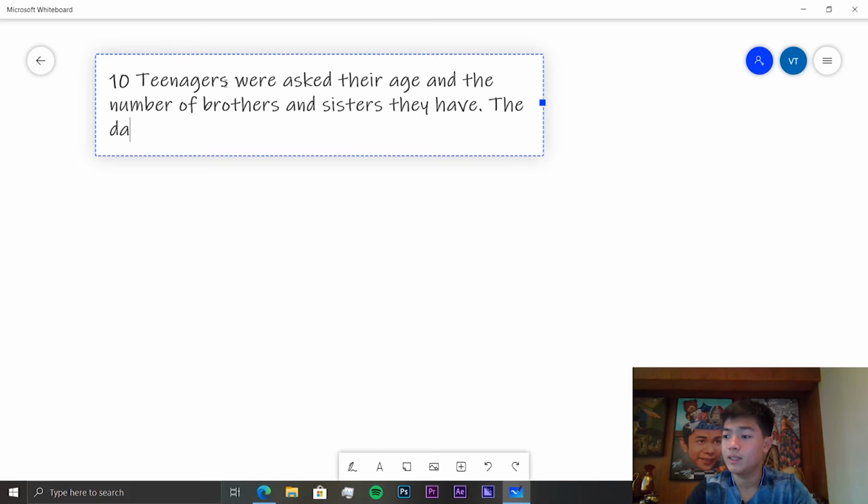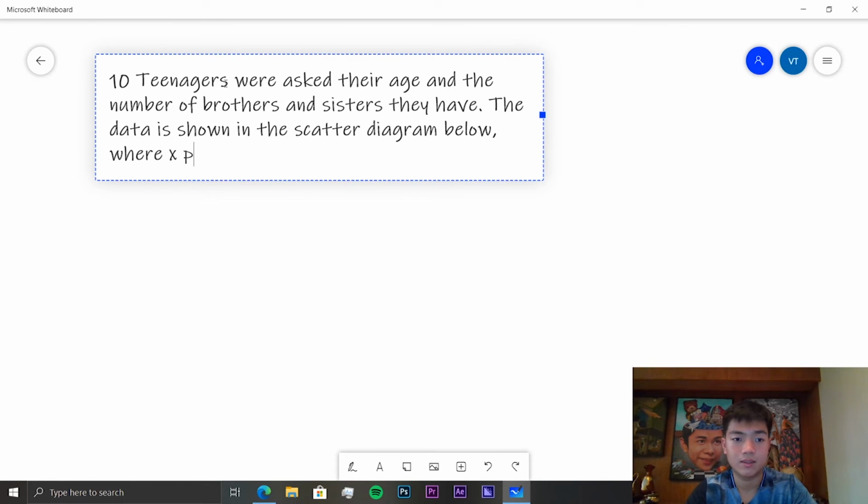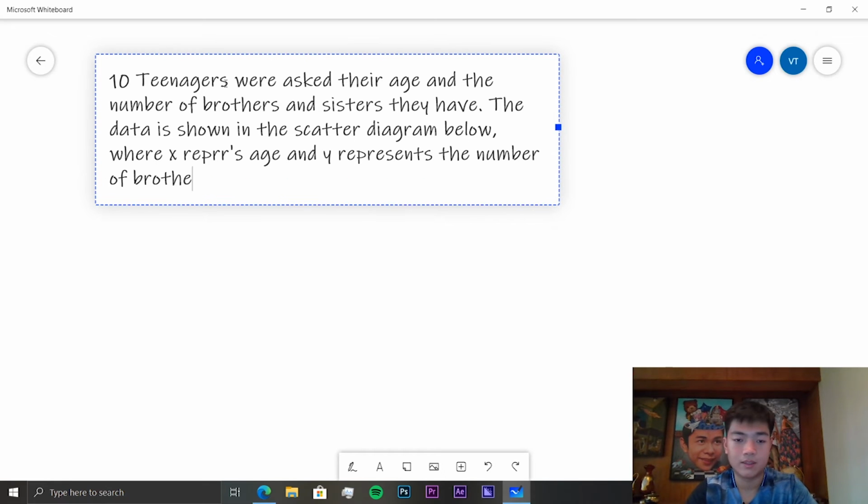The data is shown in the scatter diagram below, where X represents the teenager's age and Y represents the number of brothers and sisters that they have.